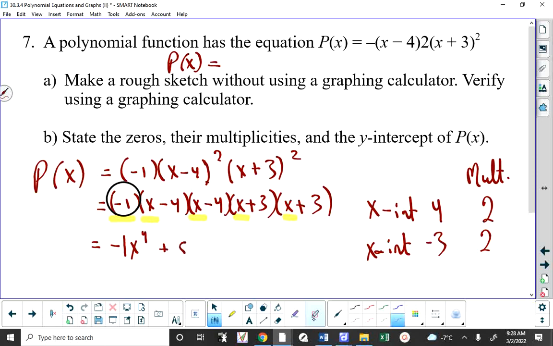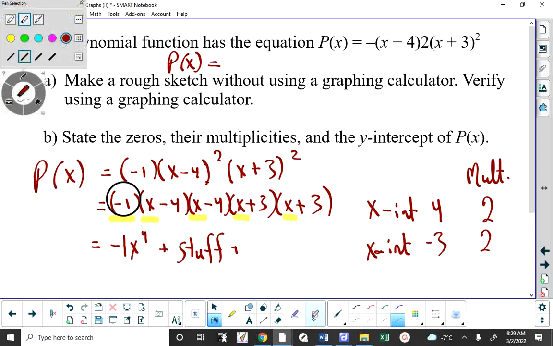Now, again, you're going to get all this filler stuff. You don't really need to look at the constant term, but I want to remind you that the constant term gives you some valuable information as well.